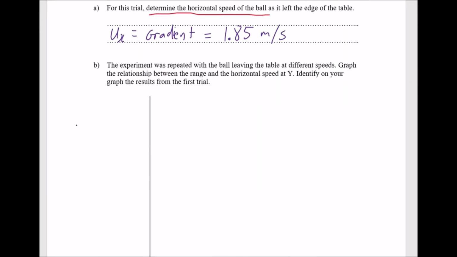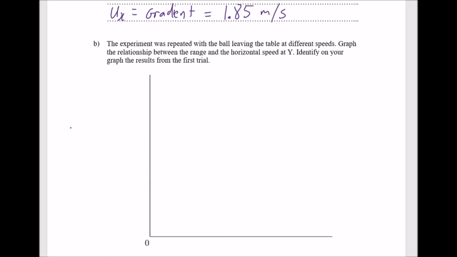Now, in question B, it says the experiment was repeated with the ball leaving at different speeds. So there's the graph there, the relationship between the range and horizontal speed. So just before I get into the actual graphing, let's look at what we actually put when we're graphing.